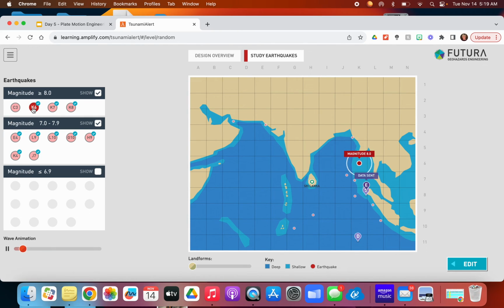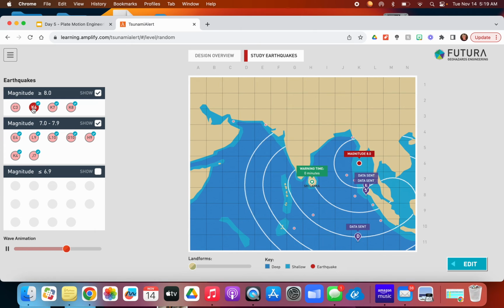If I look at K8, here's another one. The data was sent, everything was great, but it just got sent too late. If you remember, the deep sensors are the most reliable. And look what happens. By the time the wave gets to the deep sensor, it's already past Sri Lanka.